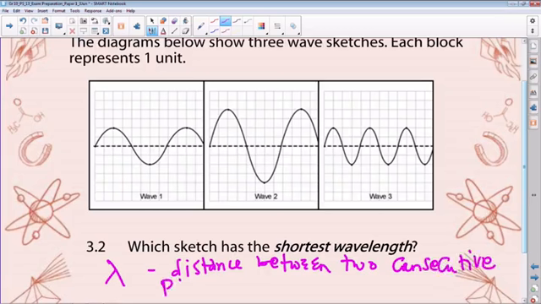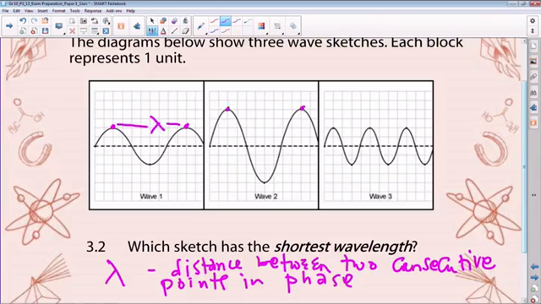Now this could be a crest and a crest, and a trough and a trough, that are one after the other. So this point is in phase with that point. So if we can think of it, this is our wavelength of wave 1. Okay, this will be our wavelength of wave 2. Okay, and then this will be our wavelength of wave 3, right?